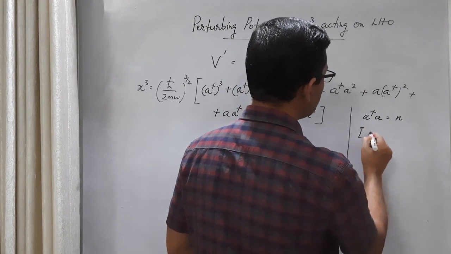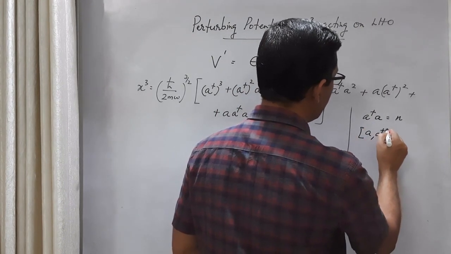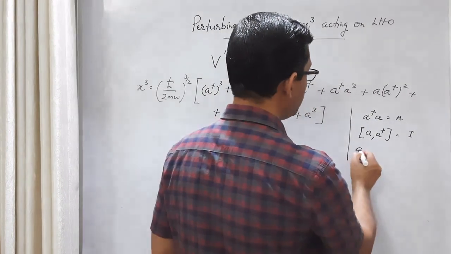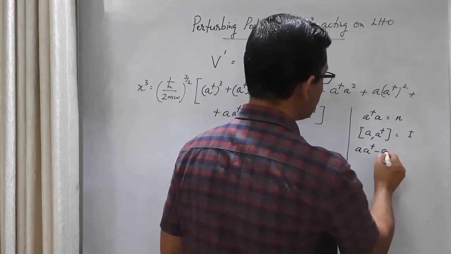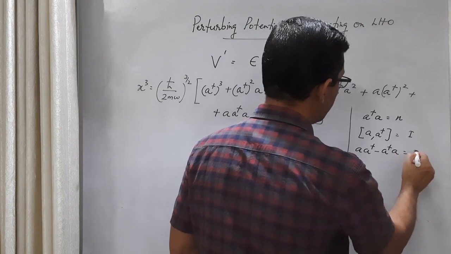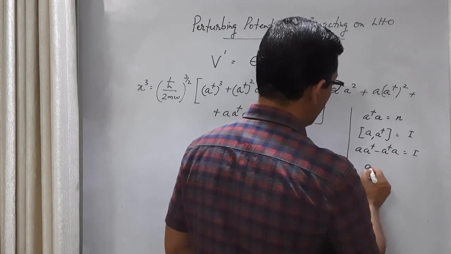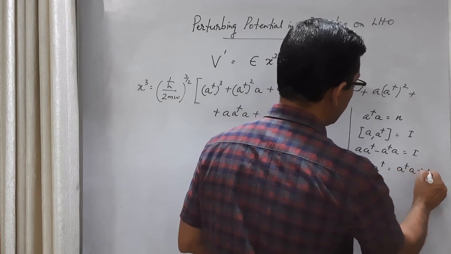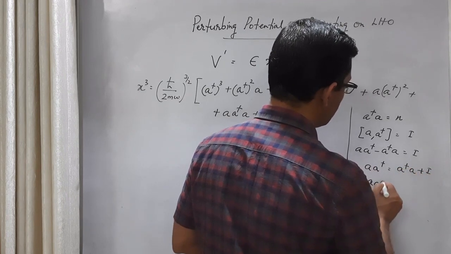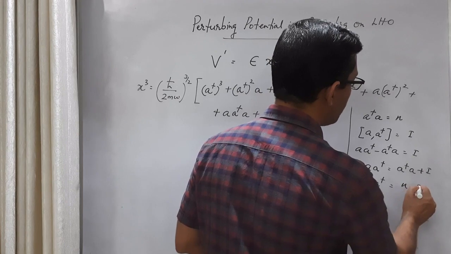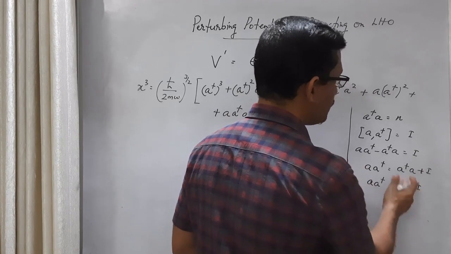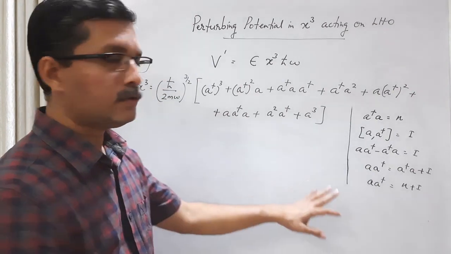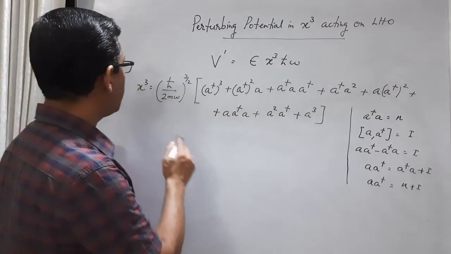And also the commutation relation between a and a dagger is identity, which means a a dagger minus a dagger a is identity. So a a dagger is equal to a dagger a plus identity. That is, a a dagger you can write as n plus I, where n is the number operator. A dagger a is the number operator. So I am going to use that idea here.